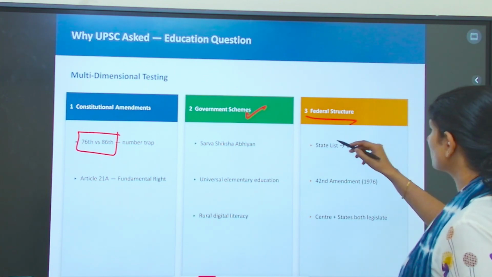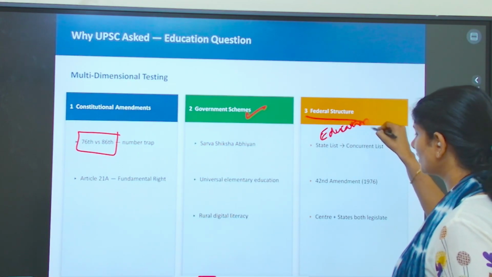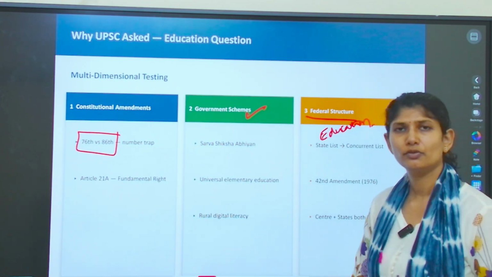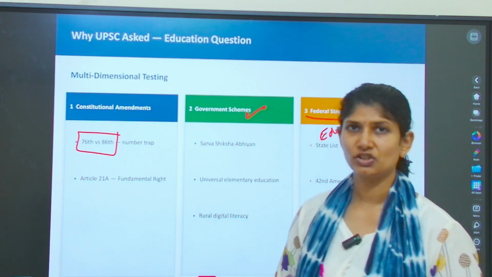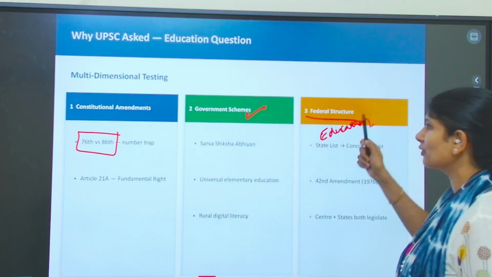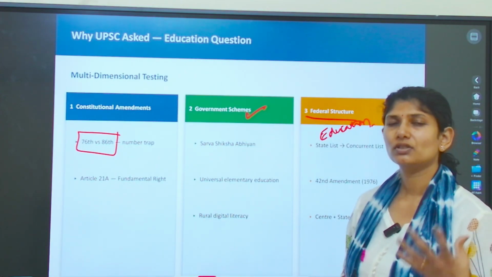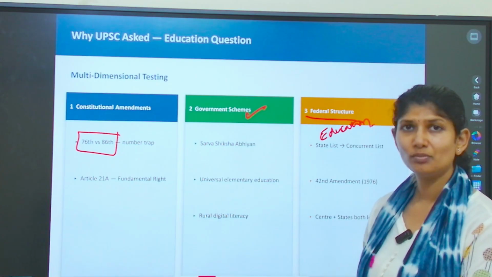Where education was moved from the state list to the concurrent list in the 42nd Amendment, wherein center and state can legislate. So do you see how your constitutional amendment, government scheme, and federal structure, all three were tested in this one question? So this is how your amendments become important.